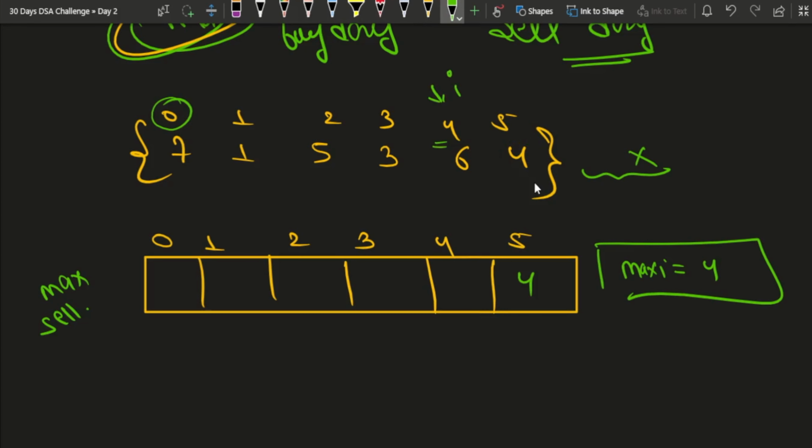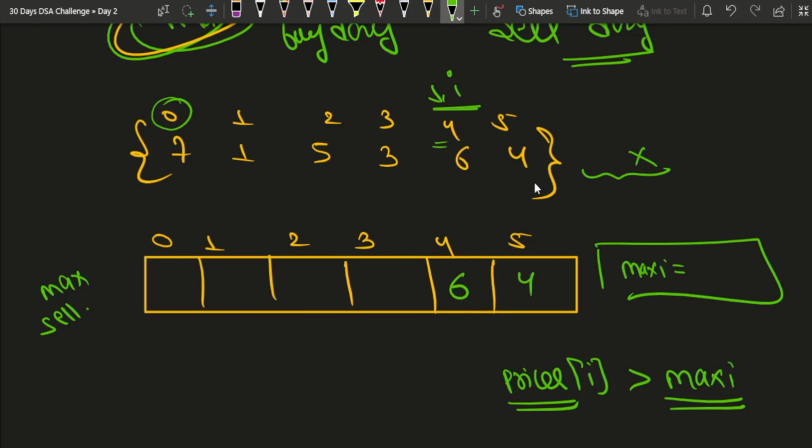Now we will compare the prices of i and maxi. Is prices of i greater than my maxi? You will say yes sir, it is. So we'll update it with 6.